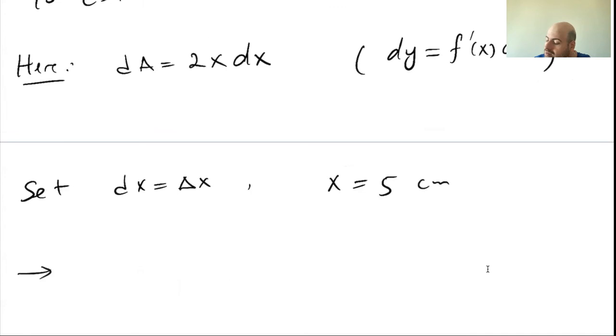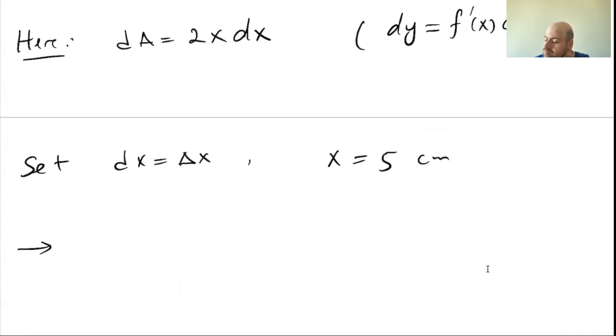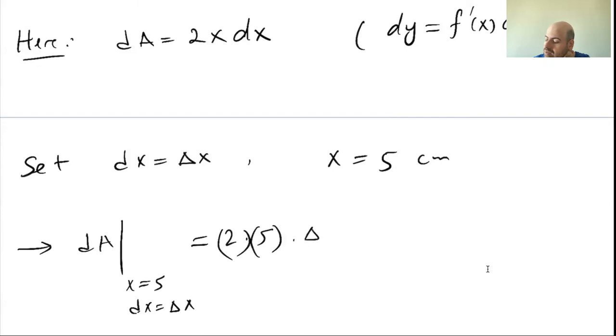So dA at x equals 5, and dx equals delta x, will be 2 times 5 times delta x, and that's 10 delta x.